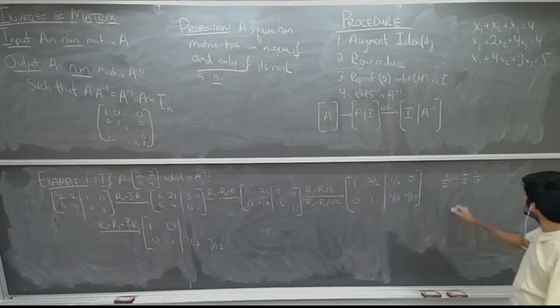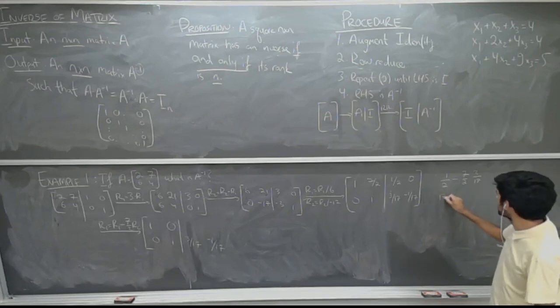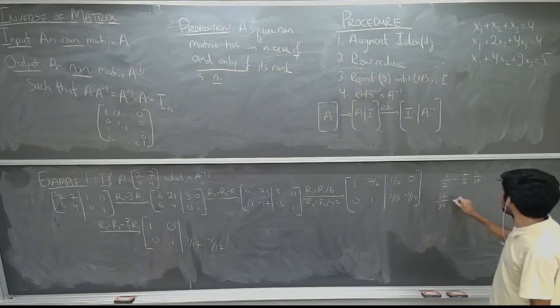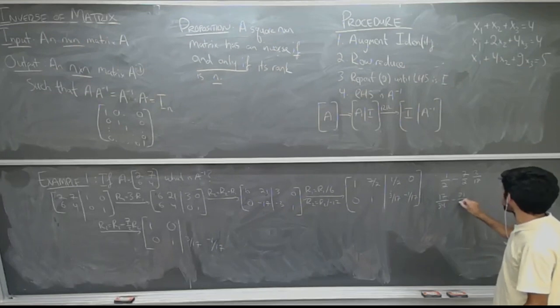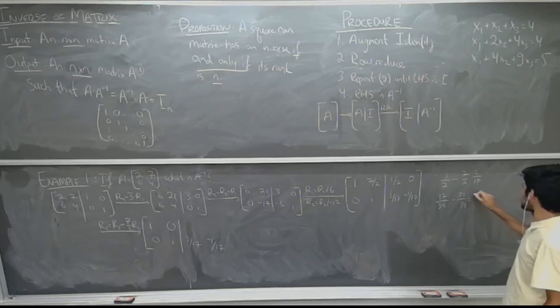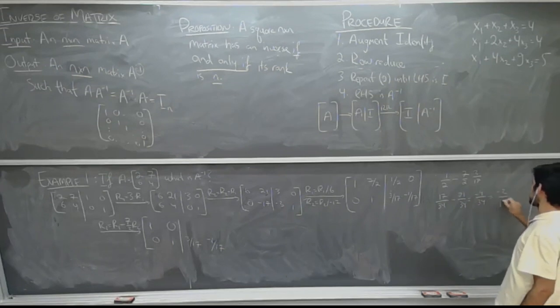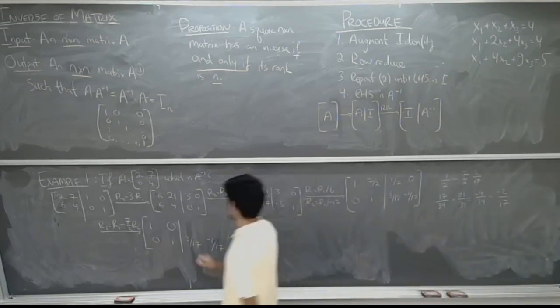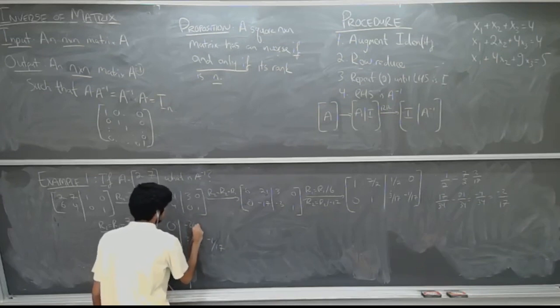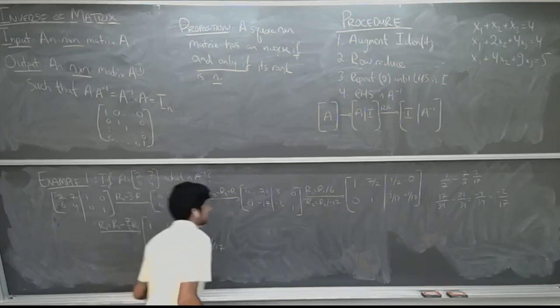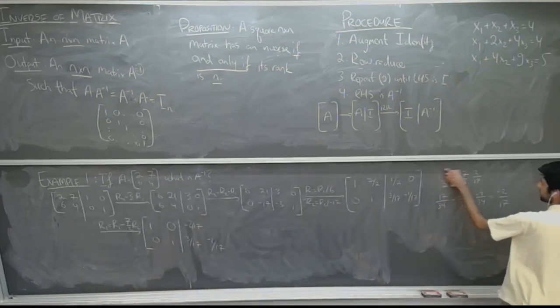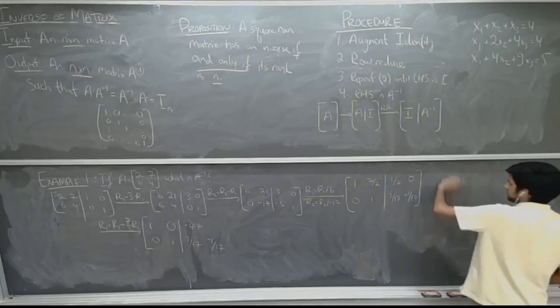Okay, let's see. This denominator will be a 34, so let's make this a 34. So it's 17 over 34 minus 21 over 34, which is equal to negative 4 over 34, or negative 2 over 17. So this term becomes negative 2 over 17. And then we have one more term. So let me just erase this and do the same thing.